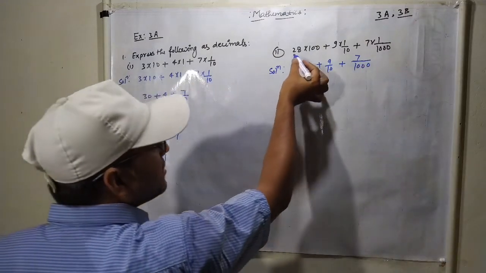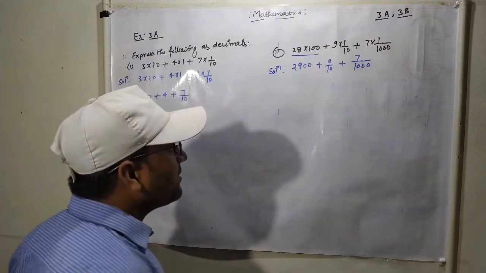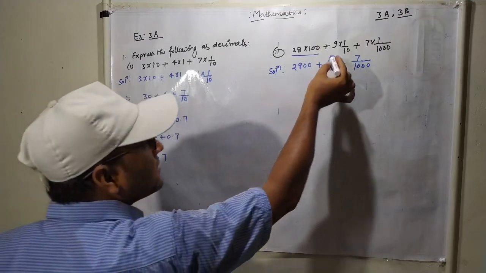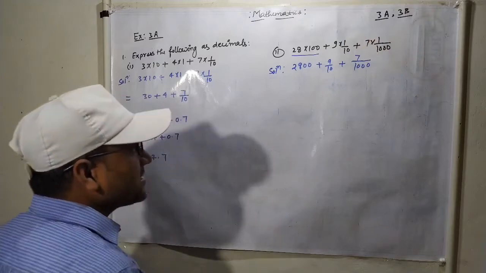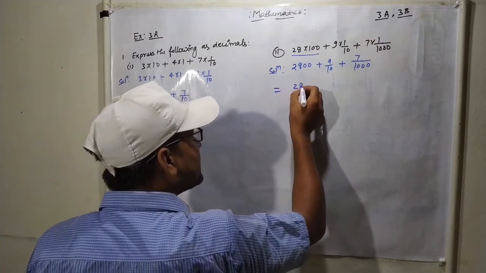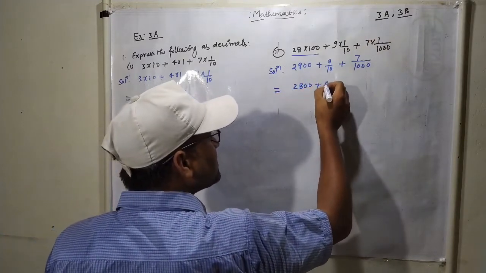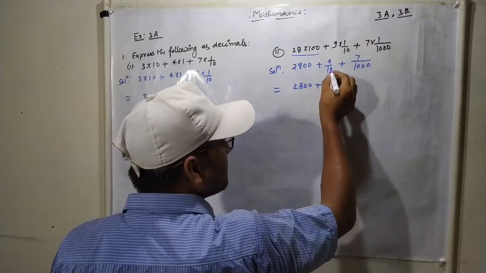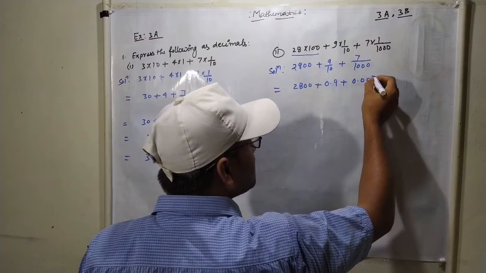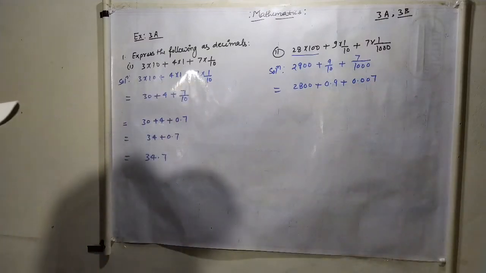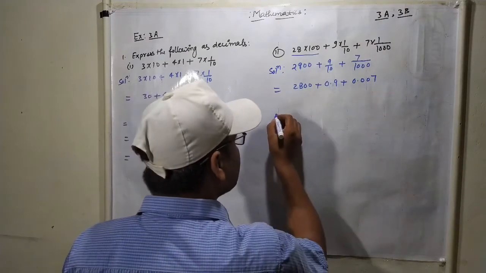So here the hundreds place is given, ones place is not given. Here the tens place is given, hundreds place is not given, thousands place is given. So very easy, 2800 plus this one is 0.9. There is a 1 and a 0, this one has 3 zeros, then it is 0.007. After that you will add this.